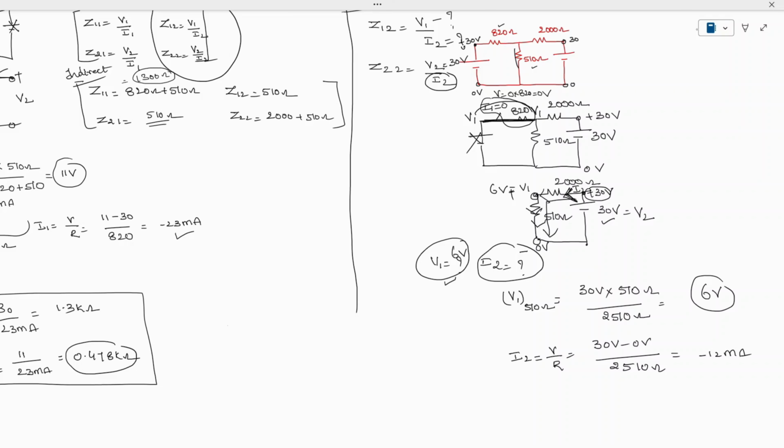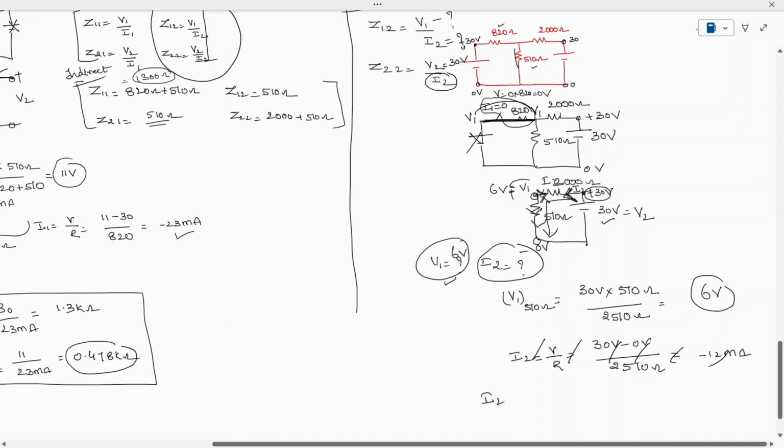Okay, so this is the direction of I2. Try to change it. If you change it in this direction, actually the current will be flowing in this direction. So this is nothing but V1. Okay, just a small modification.